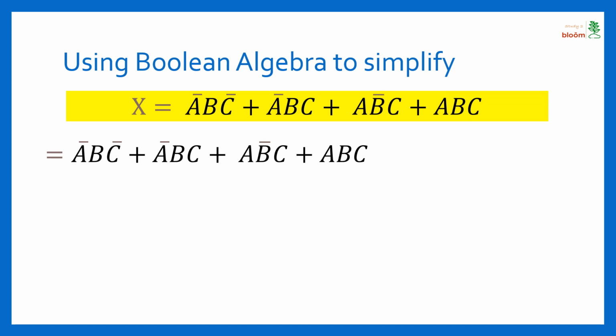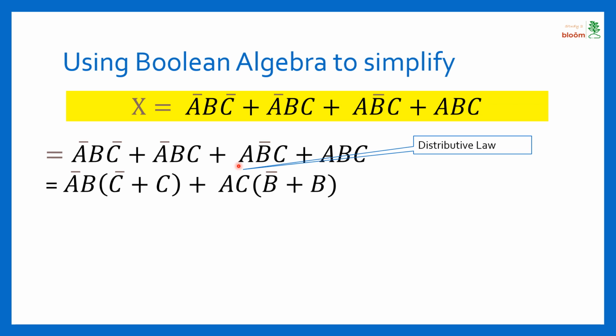When we simplify, we can see there are common Boolean variables in both these clauses: negative A, B is common to both items, and then here AC is common to both of these. So using the distributive law, we can take them outside and we get this clause.